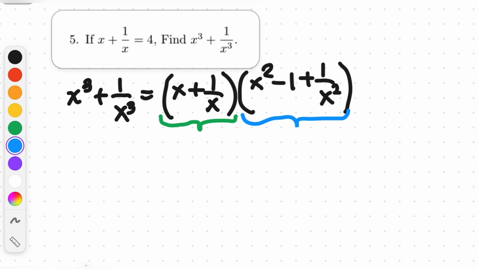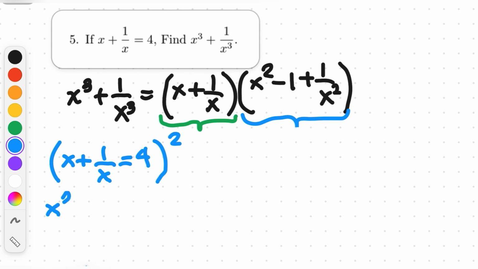Well, going back to the given, we have x plus 1 over x equals 4. We've done something similar to this before, noticing that the first and last terms of the trinomial factor are squares, x squared and 1 over x squared. We're going to square the known equation. So squaring that gives us x squared plus, remember the middle term of the square of a binomial is twice the product of the terms in the binomial.